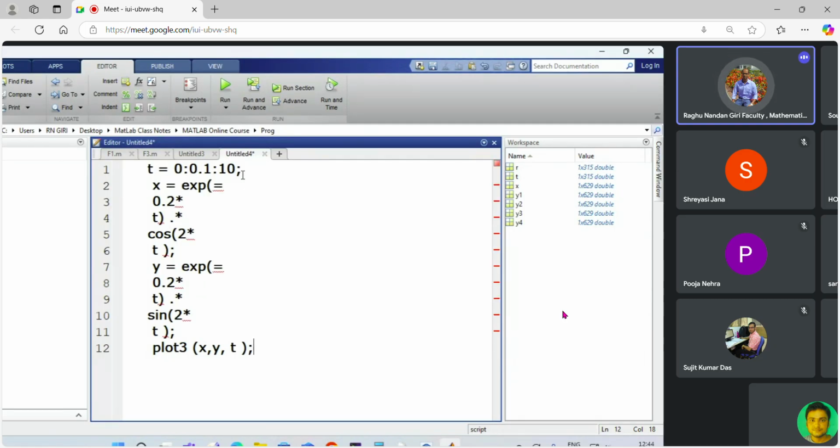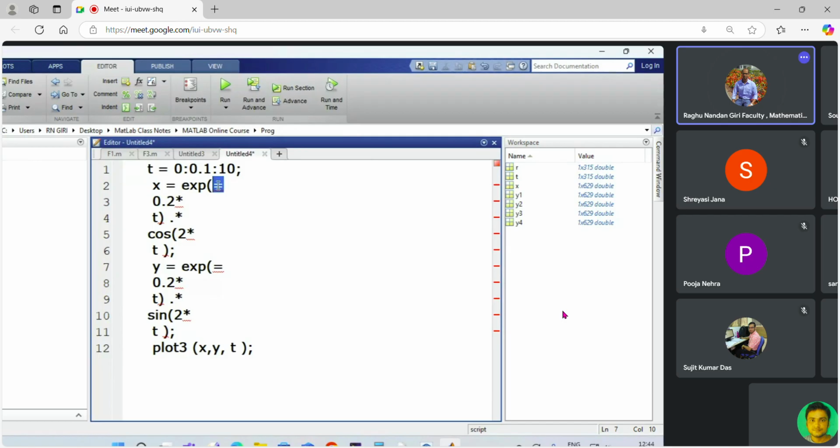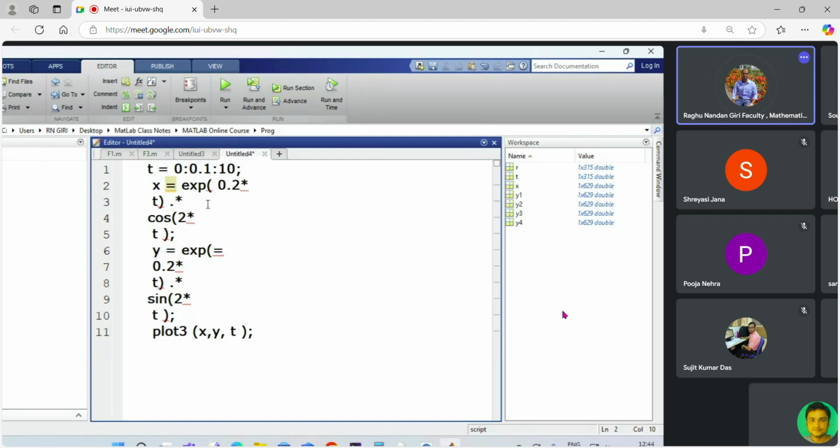See the script: t equal to 0 to 10, x equal to exp of minus 0.2 into t, dot star cos 2 star t.